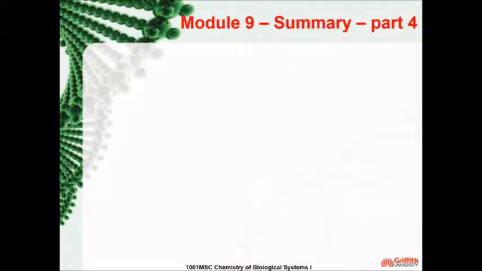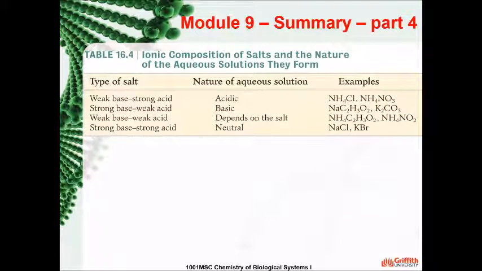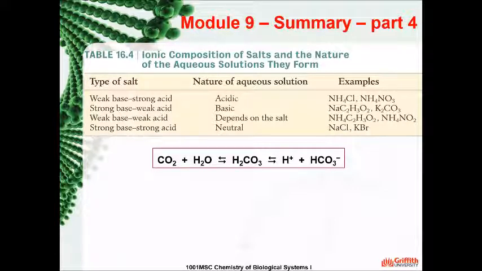In the last part of Module 9, we covered the acid-base nature of salts. We explained that the origin of the salt plays a critical role in determining the nature of the solution. For example, a salt that comes from a weak base and a strong acid will produce a solution with an acidic nature. The final topic we covered was the buffer system.